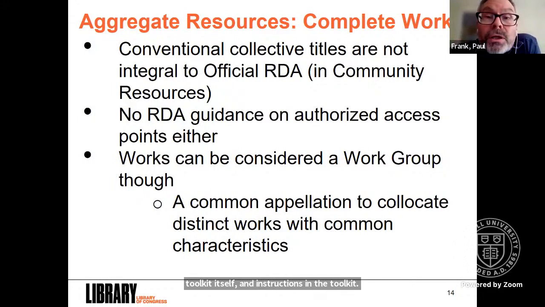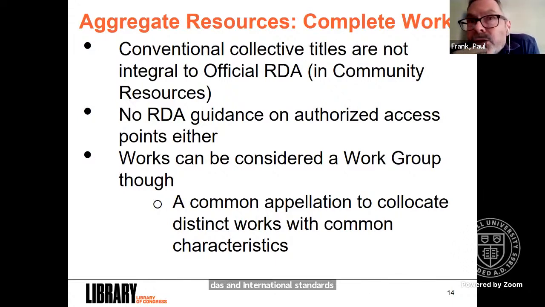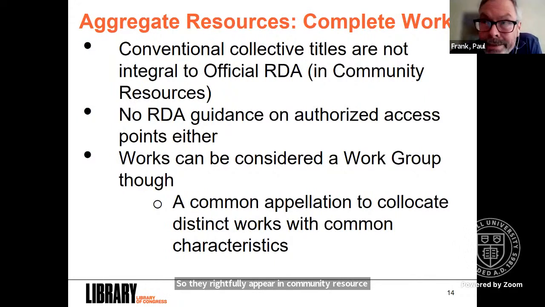Think about conventional collective titles. What language are they in? They're always in English. Well, RDA is an international standard. Why would we allow an Anglo bias to appear in the instructions? So they rightfully appear in community resources, and in that place, they sort of codify past practices.